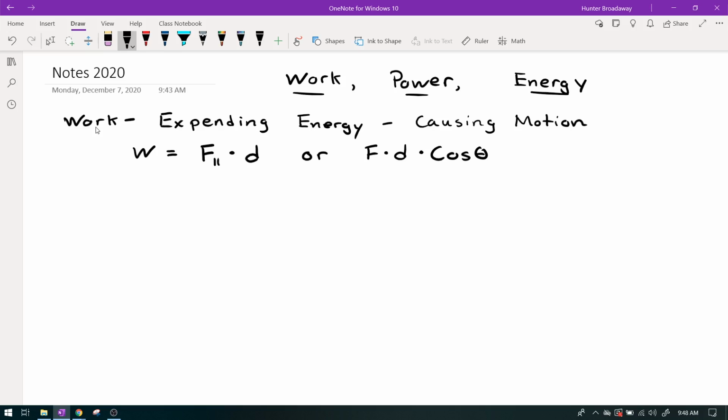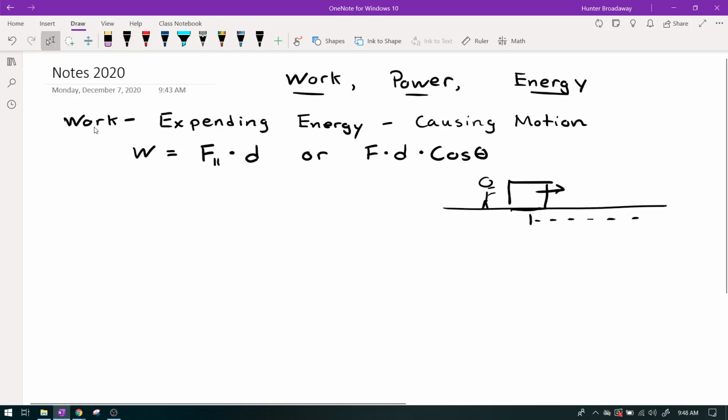A good example is pushing a box across a floor: you do work on it because you push the box in one direction and the displacement is in the same direction as the applied force. So the work is simply multiplying the two numbers together.